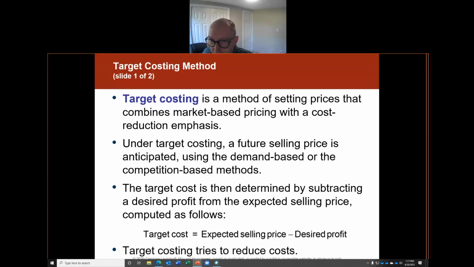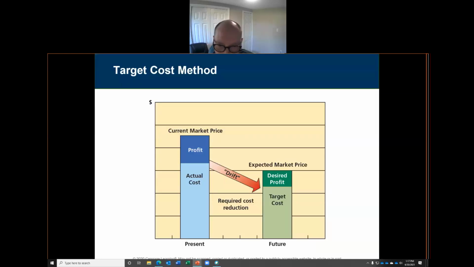Well, target costing is another method. Target costing is like saying, this is how much profit I want. Great idea. So to find the target cost, we take our expected sales price minus the desired profit. As the target changes, so does our sales price, from the current market price to the expected market price.